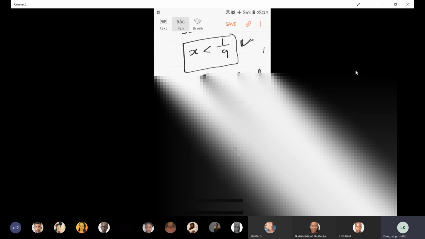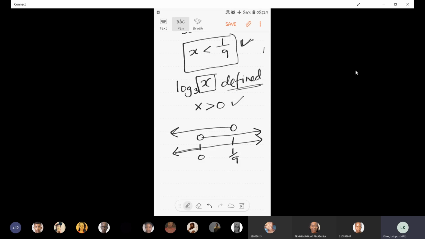Then I look up. When I walk on my number line, what is the region where I see 2 lines above me? That is in this region over here. Okay, so I can redraw it. This is 0. This is 1 over 9. My circles are open, and there is my solution.